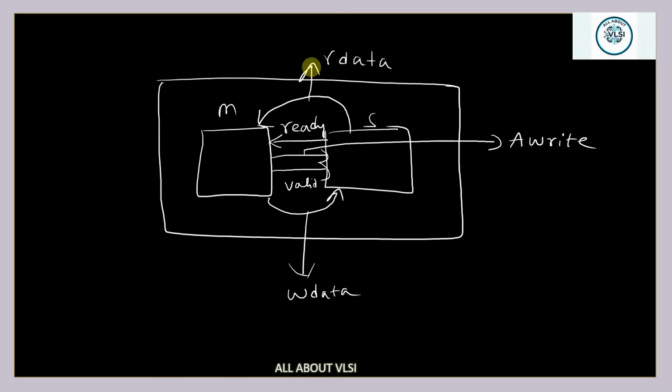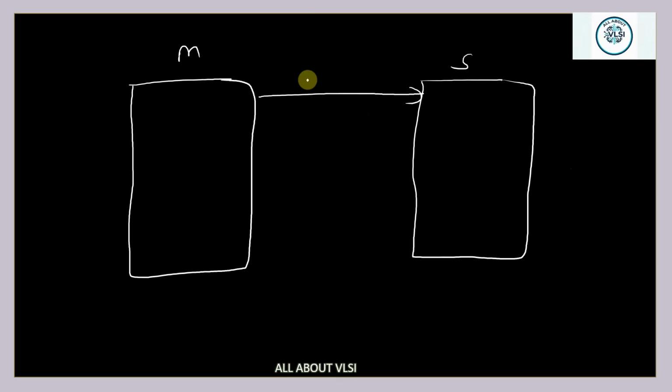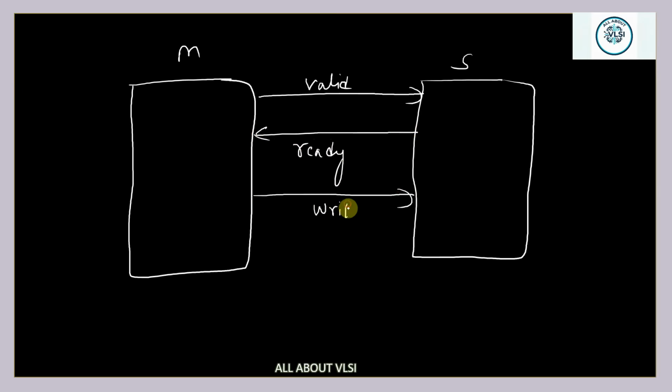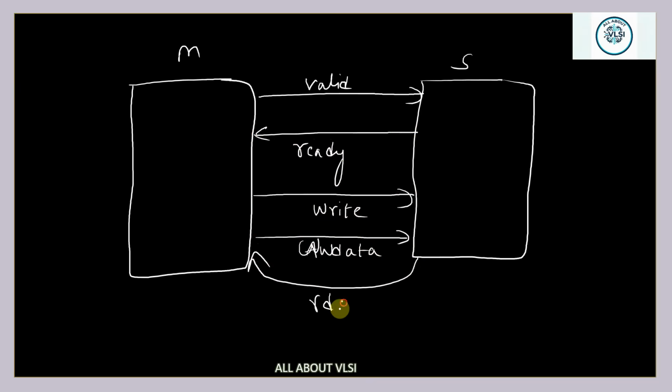So master gives the slave the valid signal, and the slave gives the master a ready signal. The master tells the slave that it wants to perform the write operation using the write signal, and it writes the data using the W data signal, and the slave will write into the master using the R data signal.